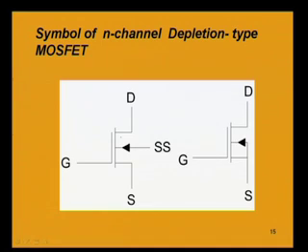If you recall earlier, when we were considering enhancement type MOSFET, there was a broken line, that is in between drain and source we did not have a channel, and the symbol reflected that by showing broken lines. But here there is a channel ever present between the drain and source, which is reflected by this continuous unbroken line.